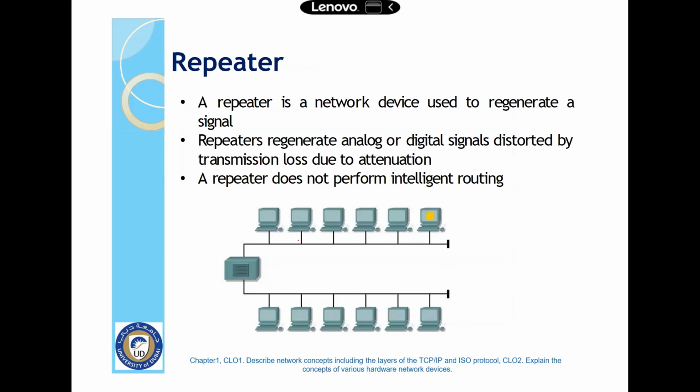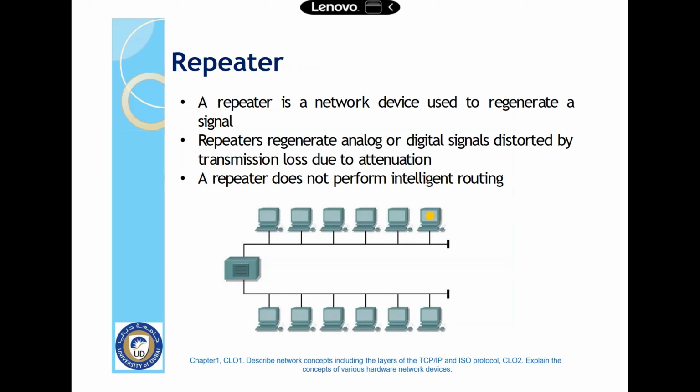So the first device is the repeater. From its name, it repeats the message. It amplifies the message. The repeater is a network device used to regenerate a signal. Usually signals will go past hundreds of meters, and the signal will start to attenuate or drop. The strength of the signal will become smaller as the distance grows.